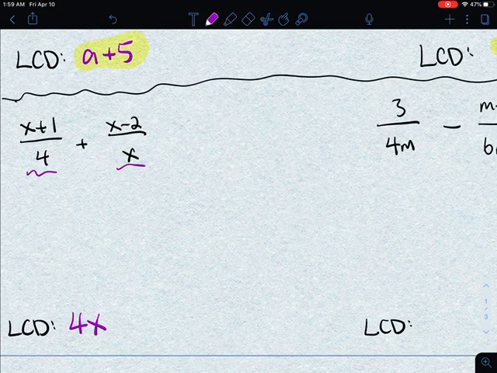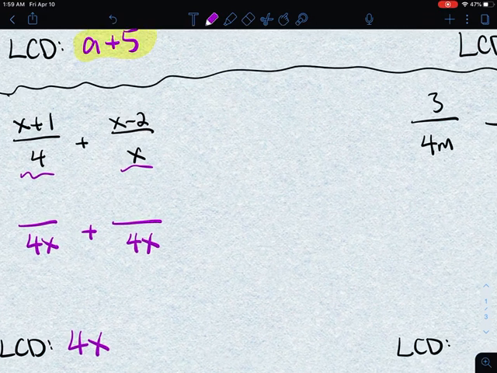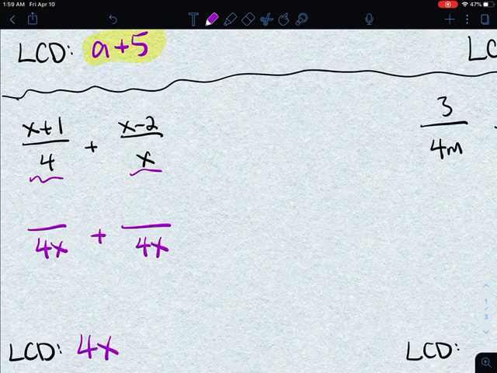Now, just like when you're adding and subtracting with regular numbers, the goal is to get to the LCD. So for the first term, x plus 1 over 4, in other words, what do I need to multiply by to get to 4x? Well, I need to have x over x.